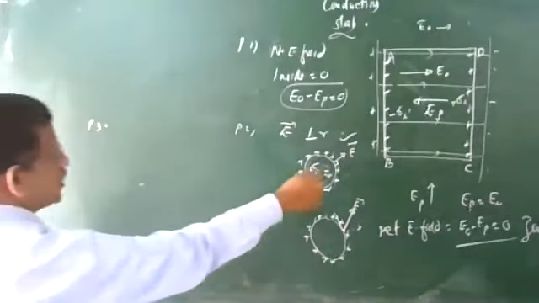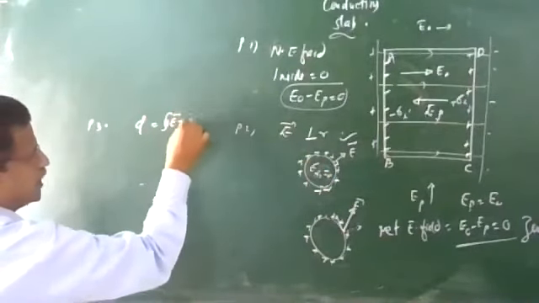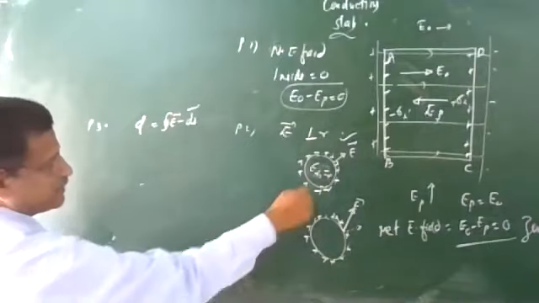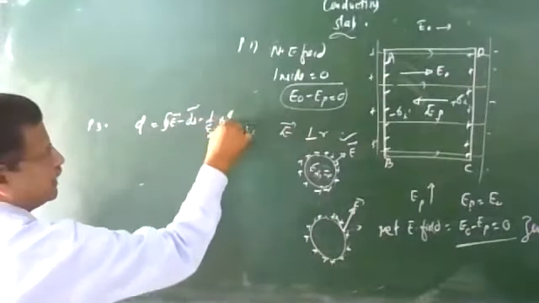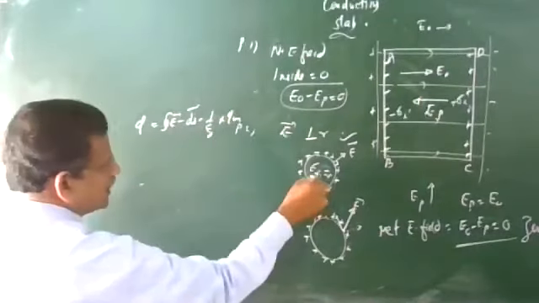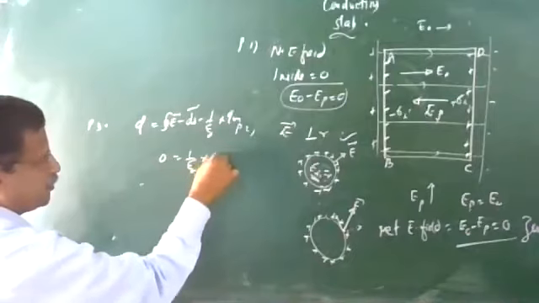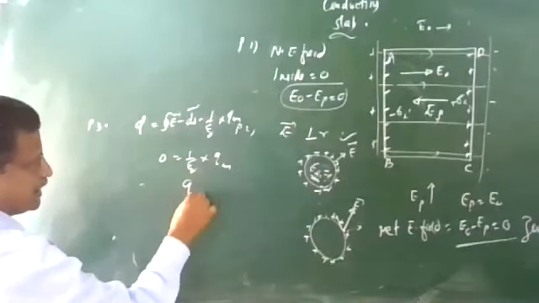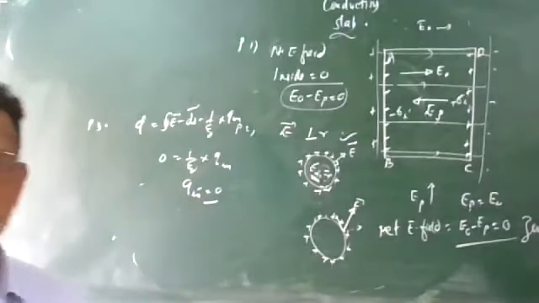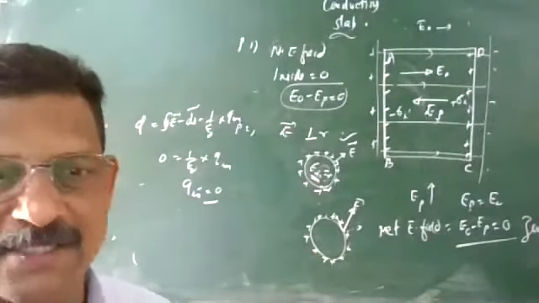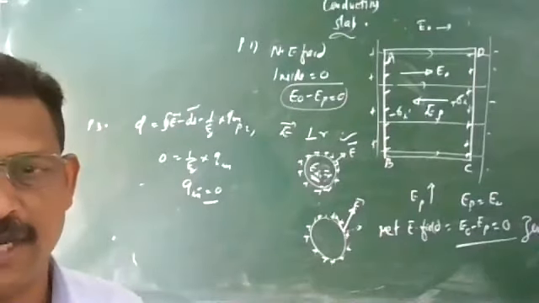By Gauss's theorem, flux is equal to the closed integral of E dot dS, and you can take any surface inside, equal to 1 by epsilon 0 times the charge. But the electric field inside is 0, so the charge inside is equal to 0. So the charge will remain on the surface in the static condition.